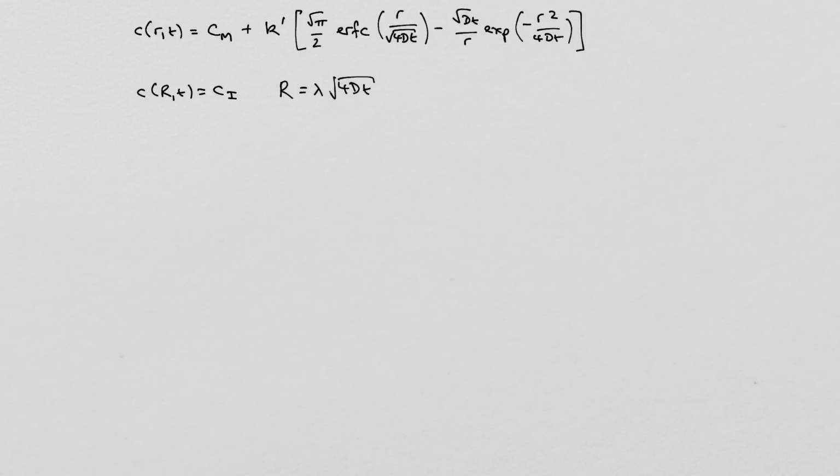Okay? And that requires Ci is Cm plus k primed root pi on 2 times the error function complementary of lambda, minus 1 over 2 lambda e to the minus lambda squared, or if you really want, k primed times 2 times Cm minus Ci.